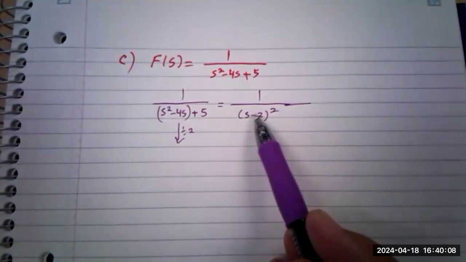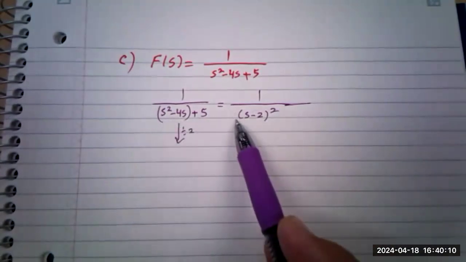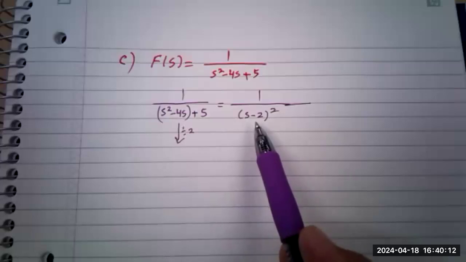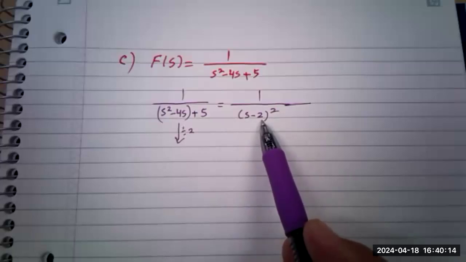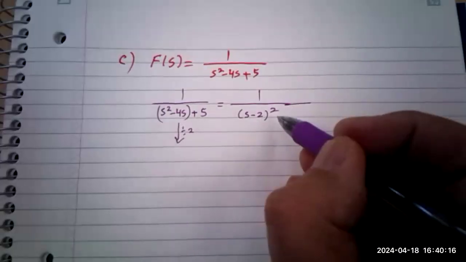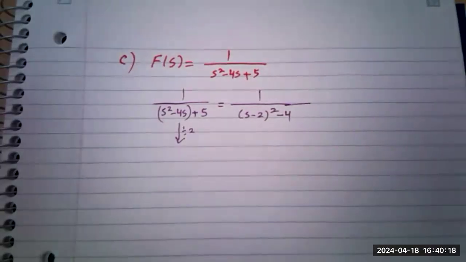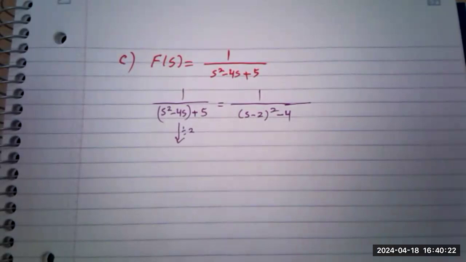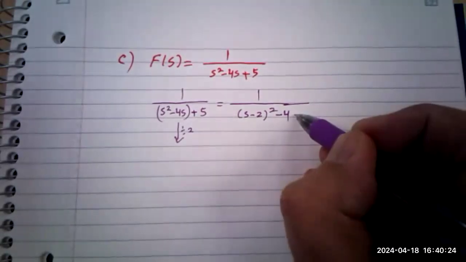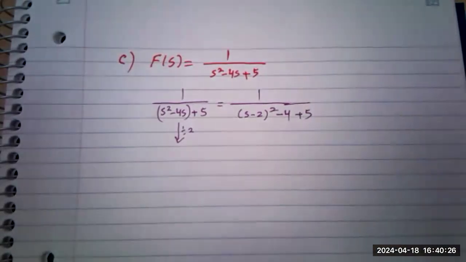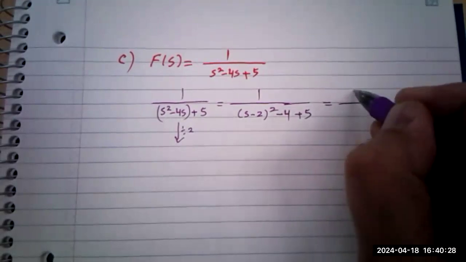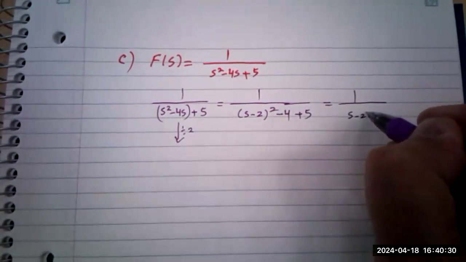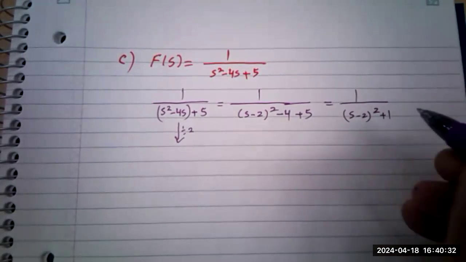When you square it, s squared, 2 times first times second, minus 4s, plus 4. So you owe 4, which means minus 4. That's it, it's going to be minus b squared all the time. Balance it, and the plus 5. Now you simplify it, so that gives you 1 over s minus 2 all squared plus 1. That's it.